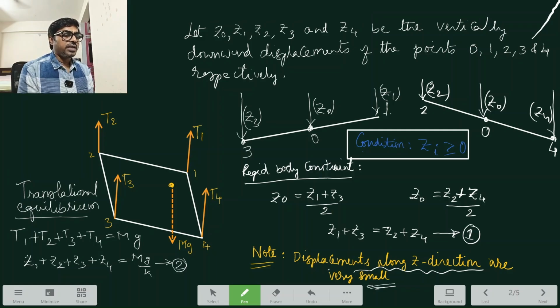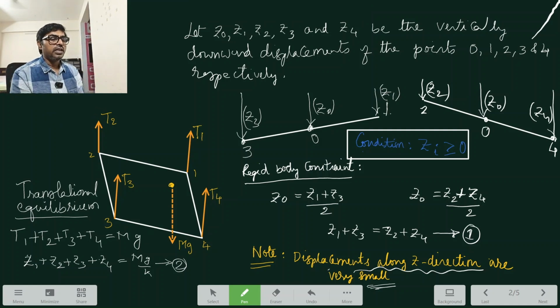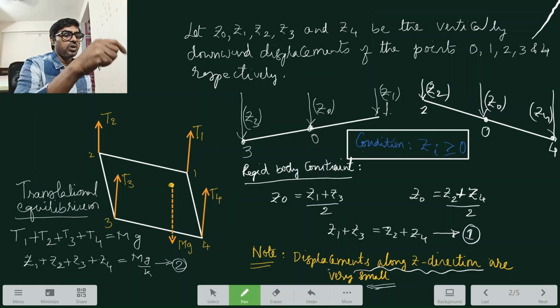Now I will take certain projections here. I will take the diagonal 1, O, 3, which is passing through O. If I focus on that diagonal, that line would be tilted in this direction. End 1 has come down by z1 distance, the center O has come down by z0 distance, and point 3 has come down by z3 distance.